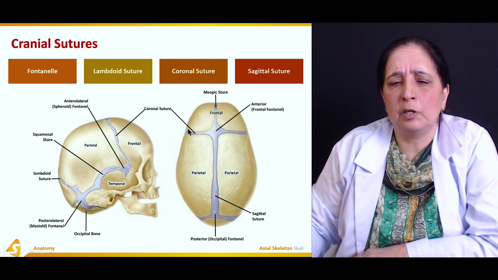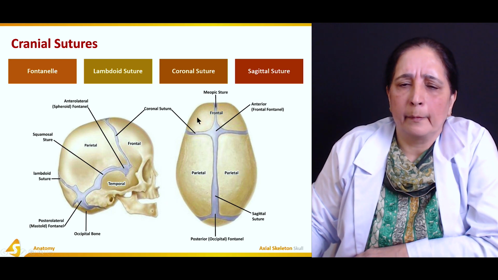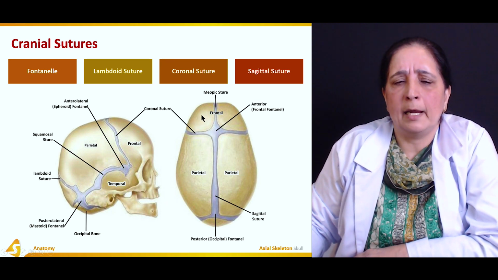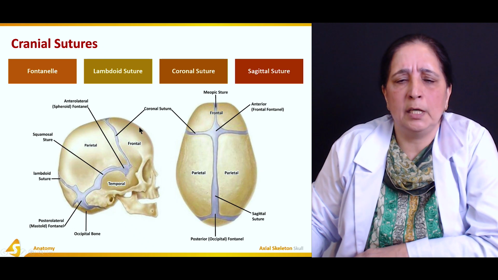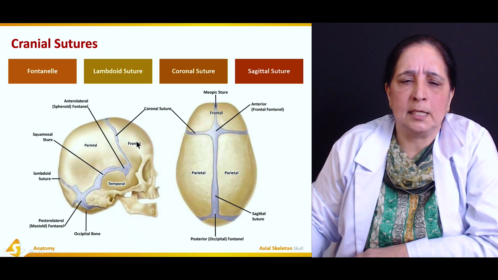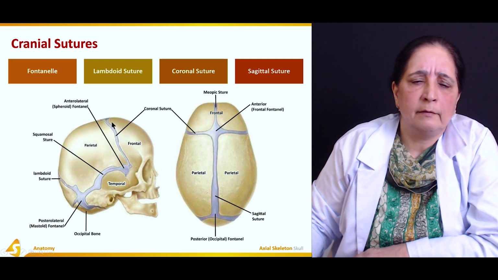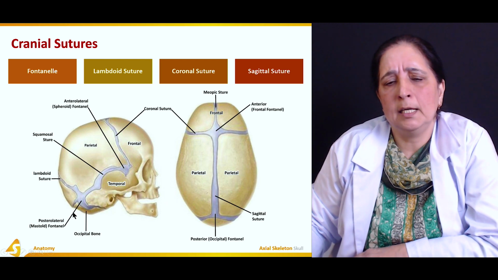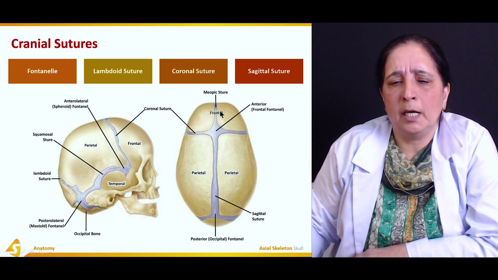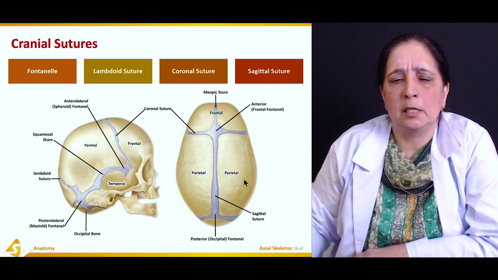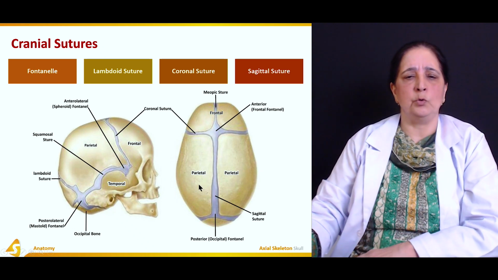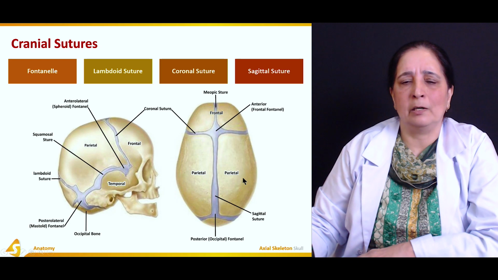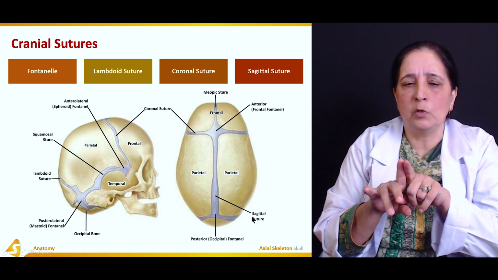The third suture is the coronal suture, which is between the frontal and the parietal bones. This is the side view. So we have the coronal suture, the lambdoid suture, and the sagittal suture in between the 2 parietal bones. And the function of these sutures is to connect or adhere the bones together.